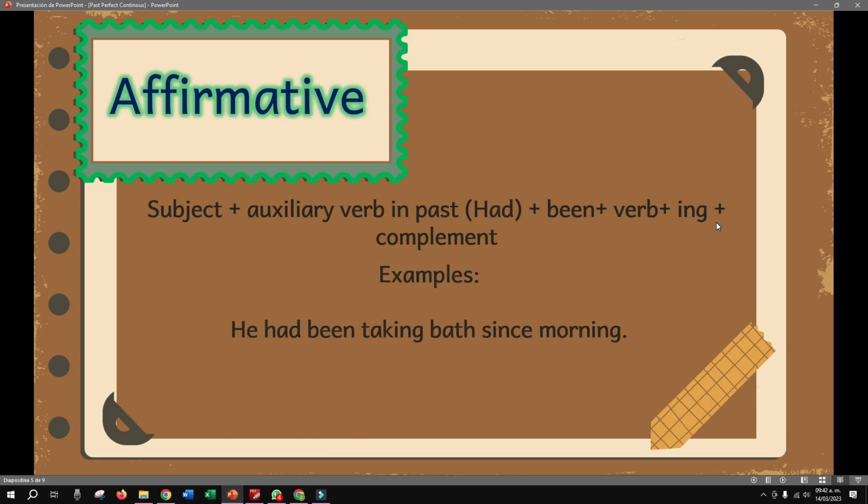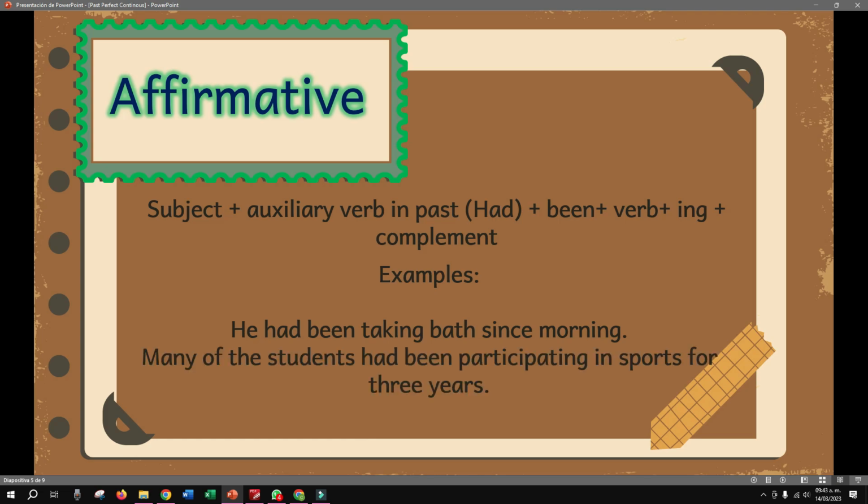For example, he had been taking a bath since morning. First, which is the subject there? He. Then we're going to have the auxiliary verb had. Then been, the second auxiliary, and the main verb take with ing, and obviously the complement. He had been taking a bath since morning.